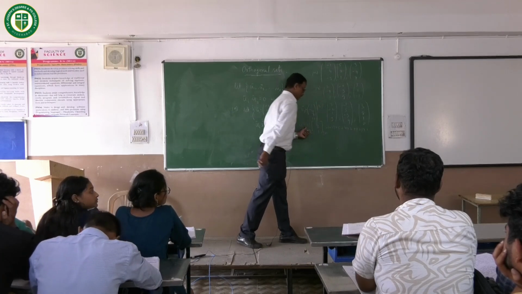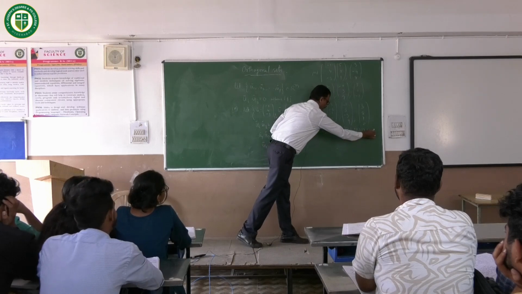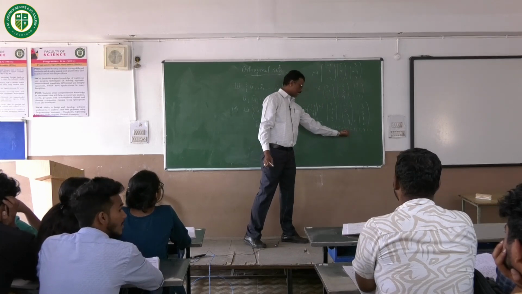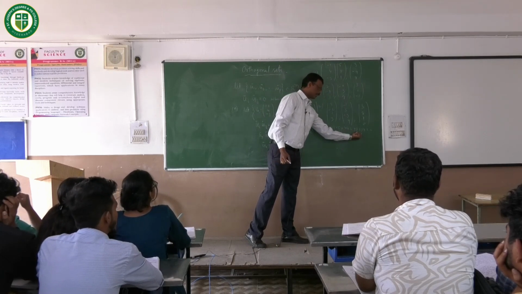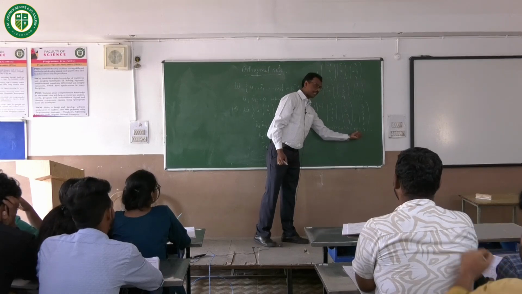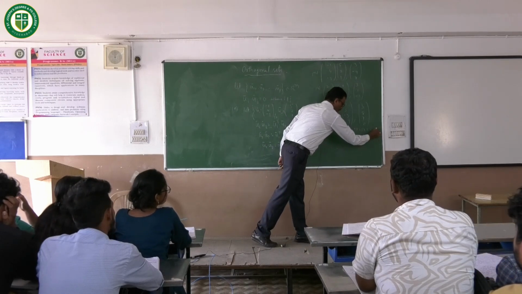So you can write here equal to -5 plus 8 minus 3, which is -8 plus 8, equal to 0.